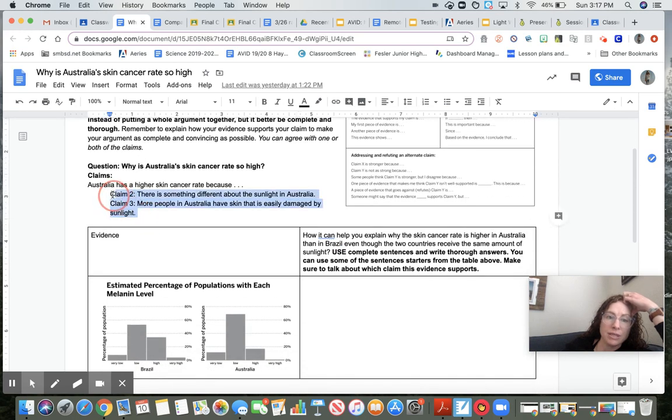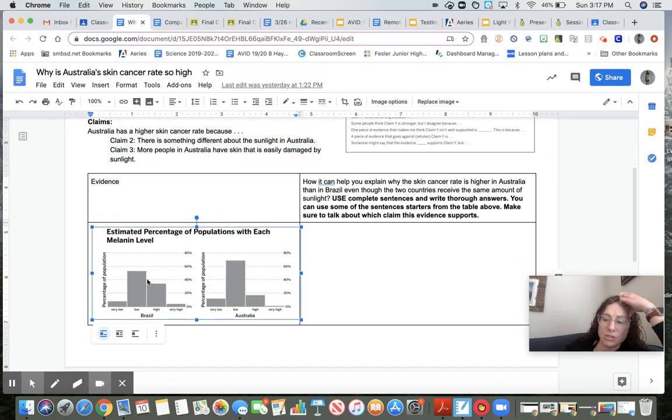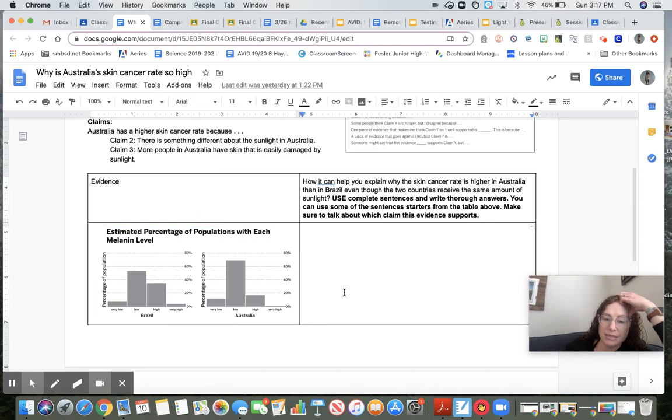So here are the two claims that you can agree with, one or both of them. So here is the evidence that we just saw in the Pear Deck about the melanin. And in this box, you're going to put your sentences that are about this evidence. So how can it help you explain why the skin cancer rate is higher in Australia than Brazil, even though the two countries receive the same amount of sunlight?